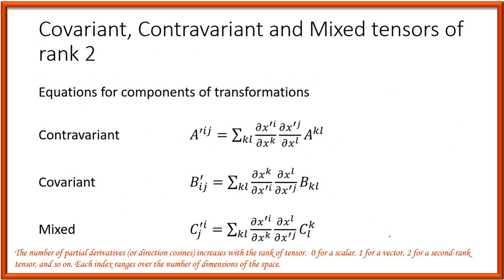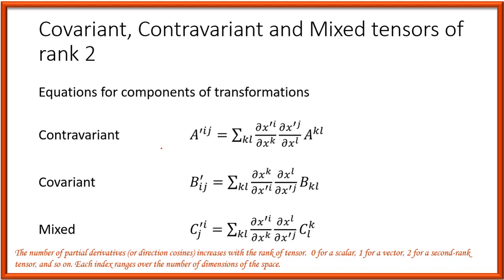Now, let us extend our discussion from the rank 1 tensor, that is a vector, to rank 2 tensors. In rank 2 tensors, we have said that either every index can vary contravariantly, or every index can vary covariantly, or one can vary covariantly and another contravariantly.